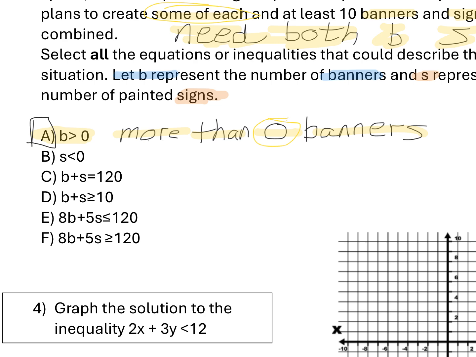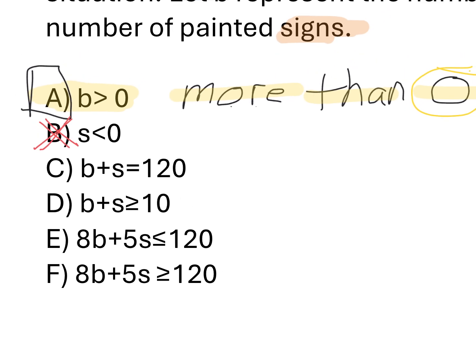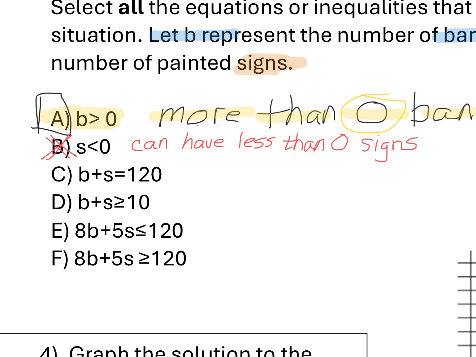That is the same reason that B is not going to be correct, because if this were true, it would mean that we can have less than 0 signs. Well, we can't have less than 0 signs, because that would mean we have a negative number of signs, which doesn't make sense.